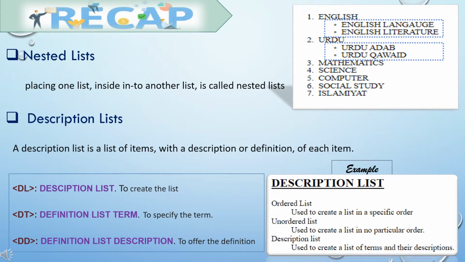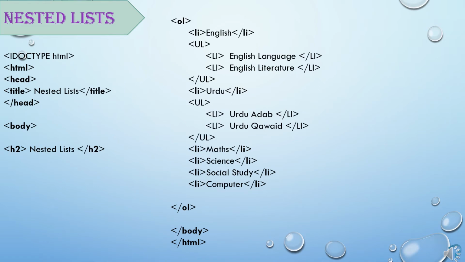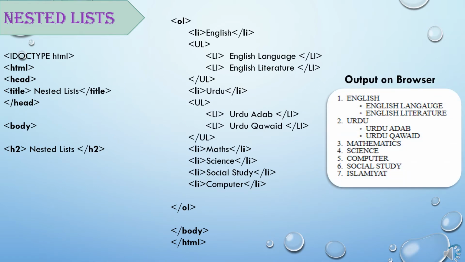Hope you had practically exercised nested lists and description lists at home. Students, look at the HTML code for nested lists and description lists, which we have already discussed in our previous lesson.